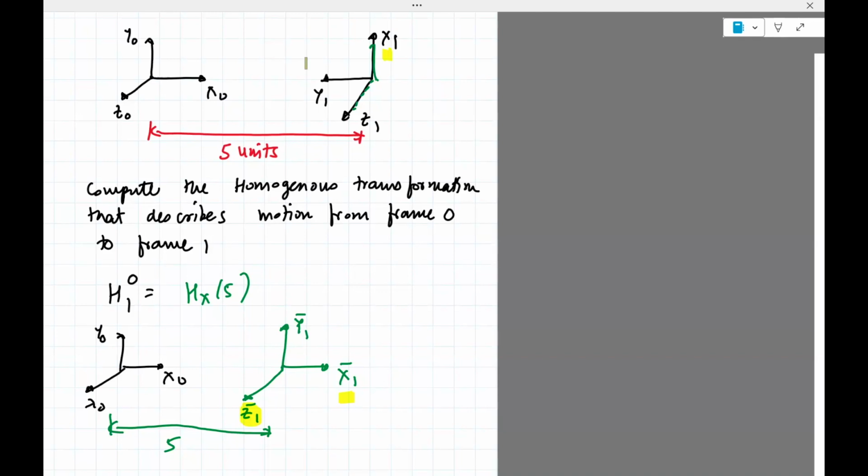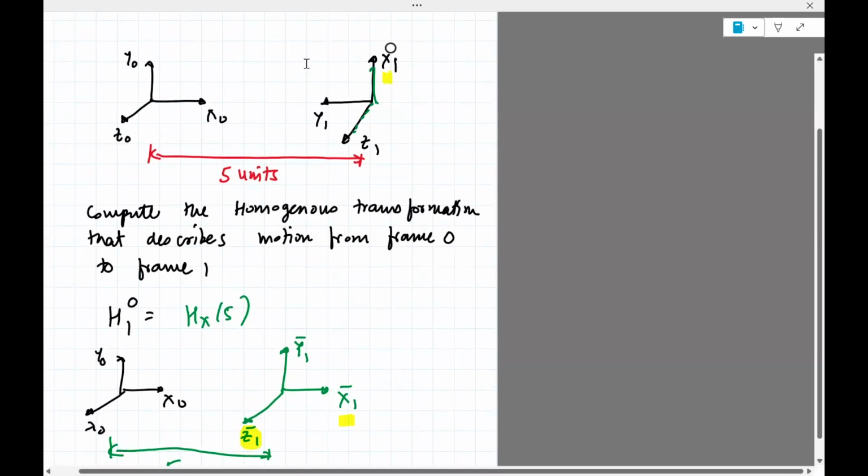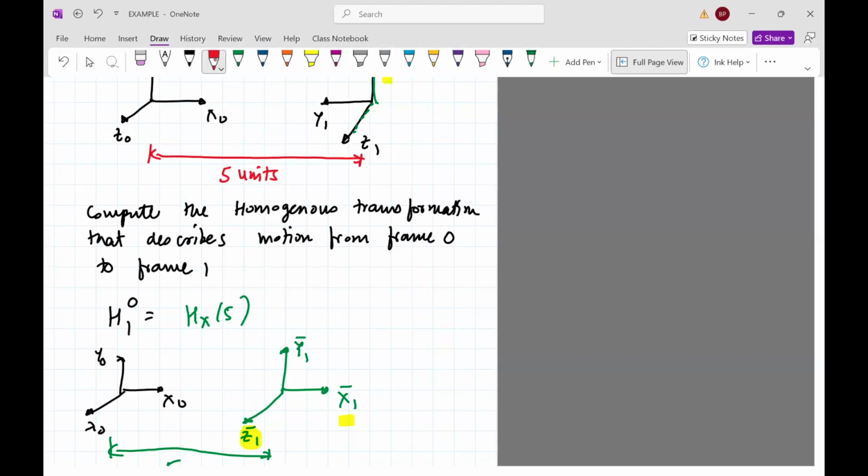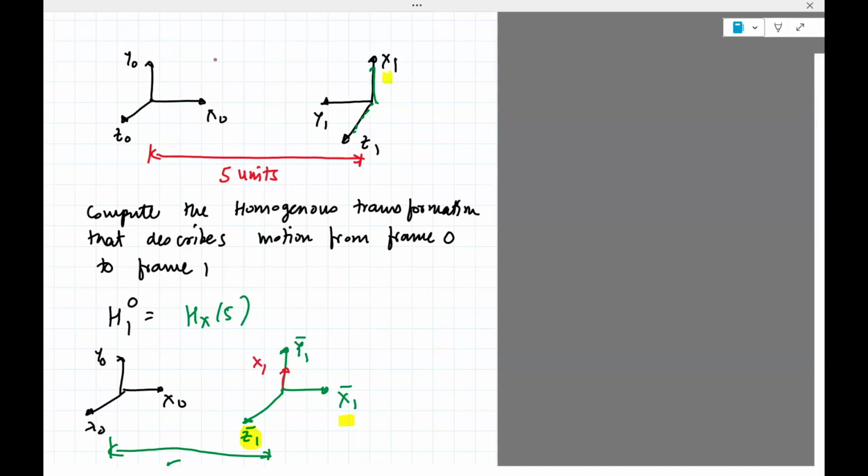If you take your right hand, you point your thumb in the direction of z1, and then you rotate by 90 degrees in the counterclockwise direction, you'll end up with this frame sitting up here, y1 sitting like this, and the z1 is unchanged. This is x1. So in other words, the next transformation you need to do is h about the z-axis by an angle of pi divided by 2. Once you do that, you'll end up with this configuration.